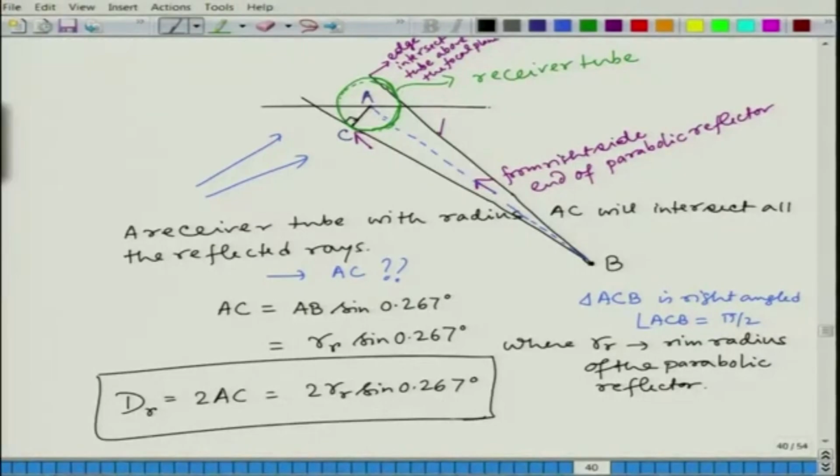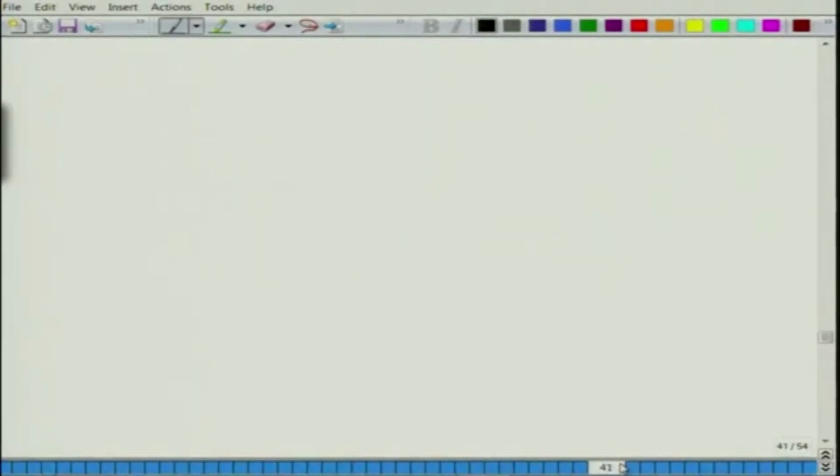Okay. So, that is the minimum diameter that we have to use for the receiver tube: twice RR, that means the rim radius, multiplied by sine of the half angle 0.267 degrees. Okay. And we can also write from the same figure that RR is nothing but the half aperture length divided by sine of phi r, that means the rim angle.